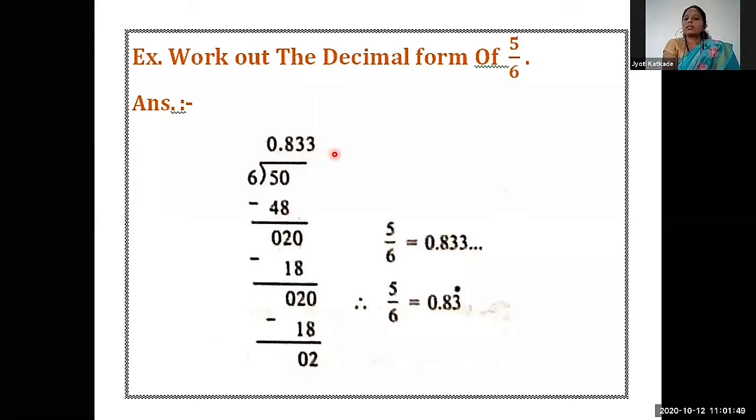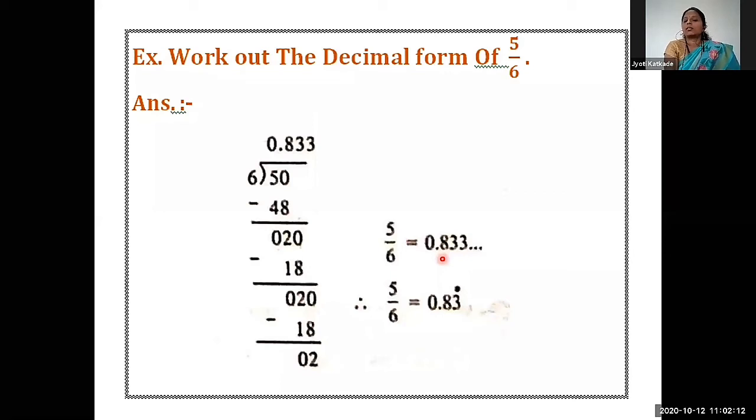Means our answer is 5 upon 6 is equal to 0.8333. Means the value 3 is repeating after the 8. It's not necessary that the numbers repeat right after the decimal point.